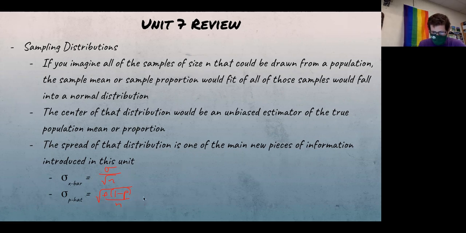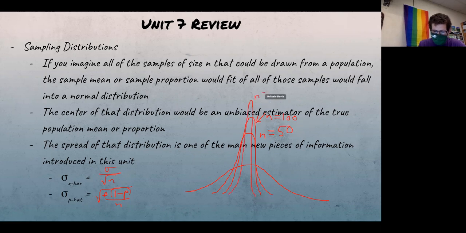And essentially what we're doing is, if our population looks like this, a sampling distribution of size, whatever, let's go with 50, might look like this. And then size 100 would look more like that. And then eventually you get to something that's really small.